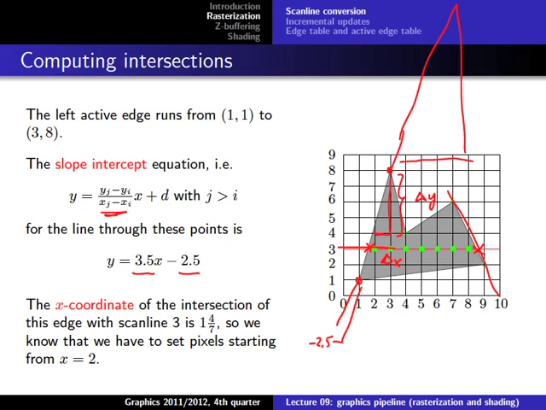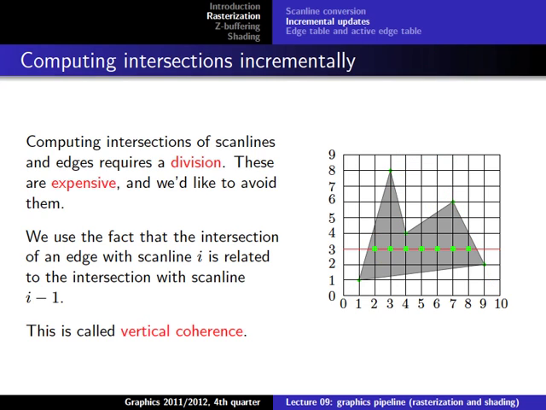So we could use this to calculate the intersection points, but now comes the part where we take advantage of this coherence, that we already know the values from the previous intersection point, from the previous scan line. We can use that to very easily calculate the intersection points of the new one by just adding a value instead of doing this division that we would need for the intersection calculation.